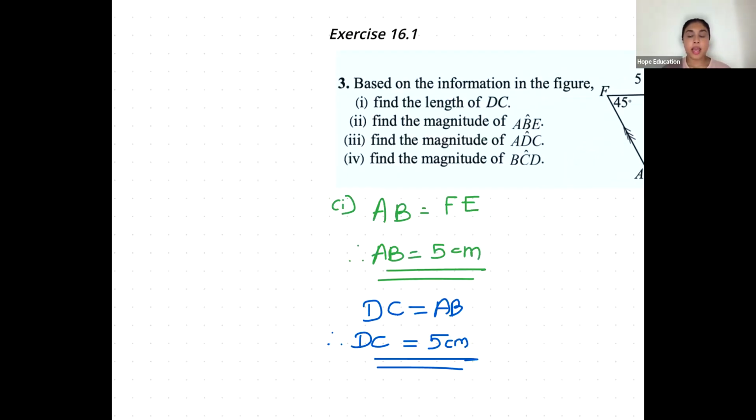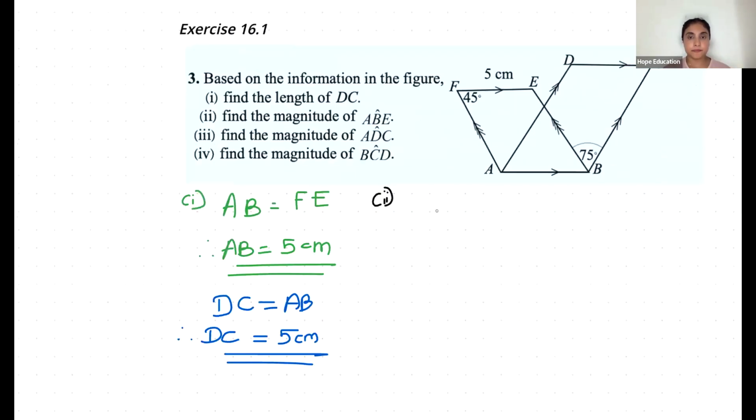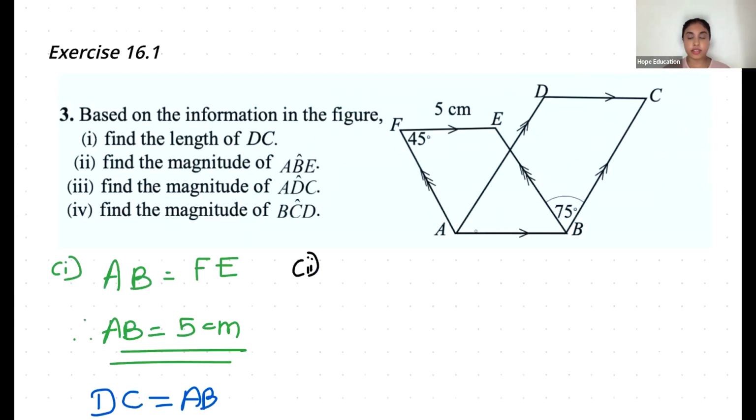Then Roman number 2. Find the magnitude of angle ABE. What is the magnitude of ABE? 45 degrees. Basma says 45 degrees.